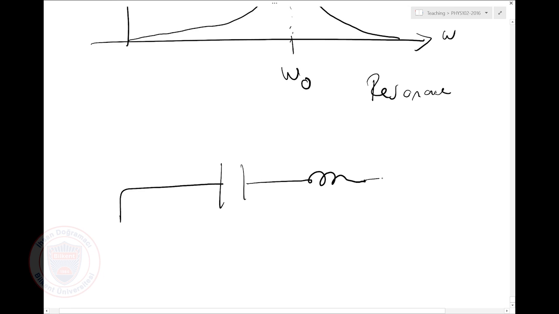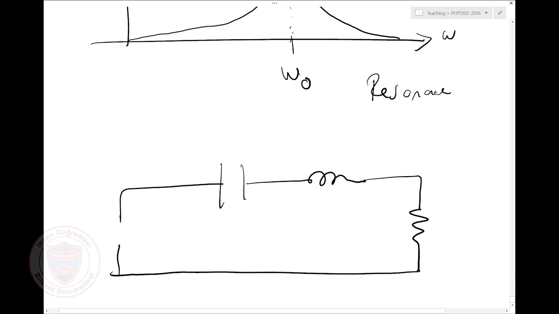Now why is this important? Here is my L, C, and R. Now, you actually use this circuit all the time. Let's not think of a real AC source like our power outlet, but think of an antenna. When I have an antenna, it drives a circuit.